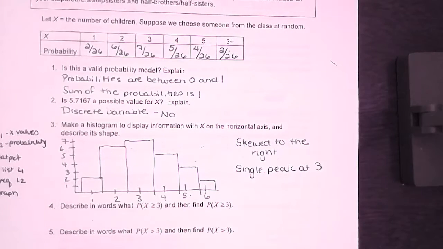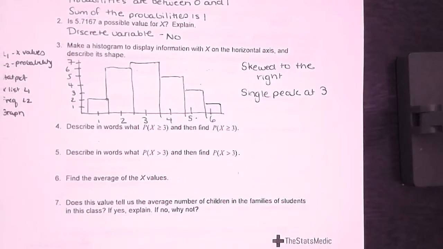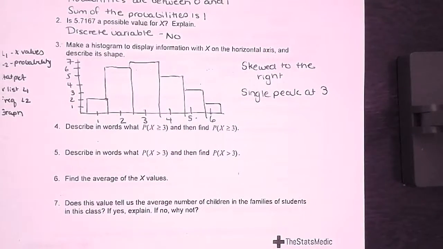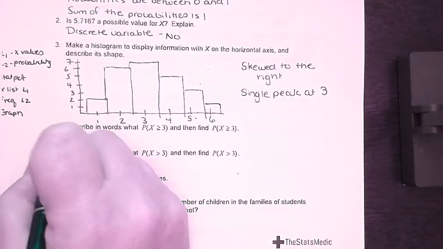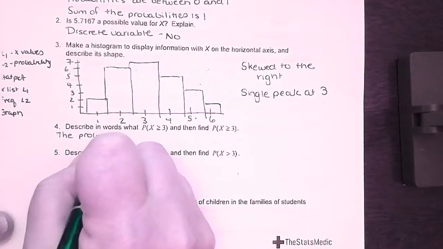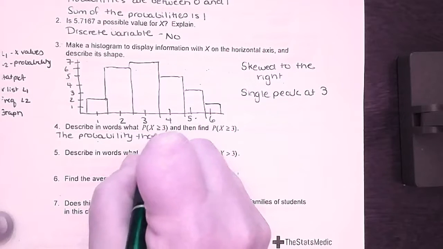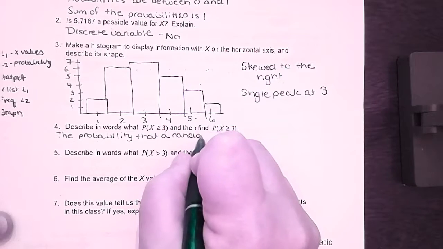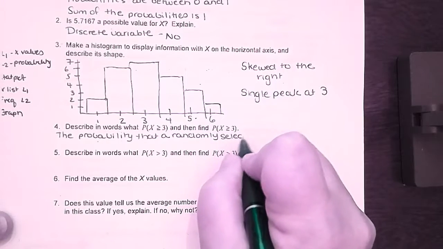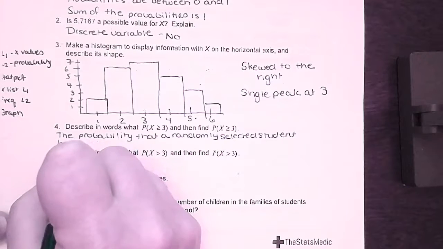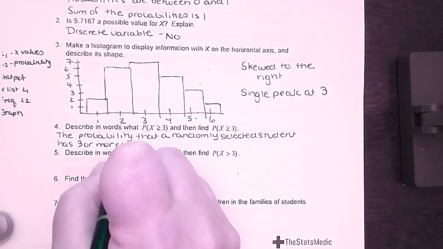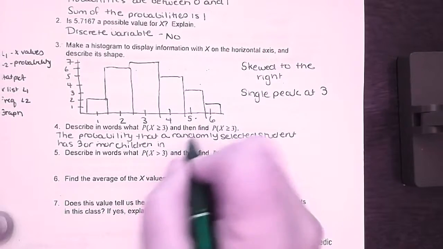Now we have to do verbal translations. It says describe in words what P(X ≥ 3) is, and then find it. That's the probability that a randomly selected student has 3 or more children in their family.